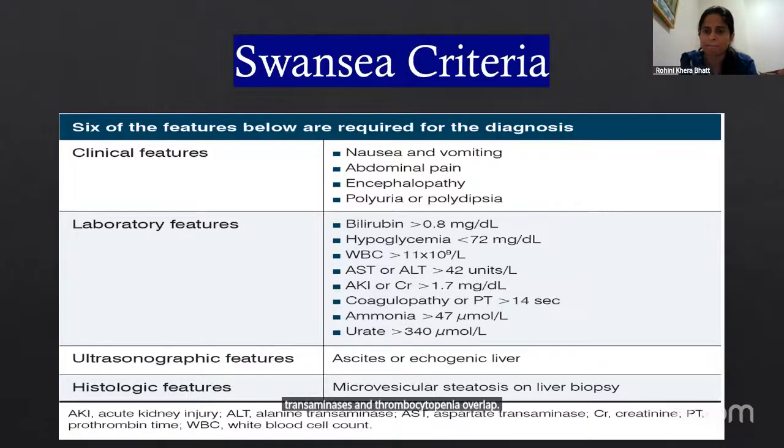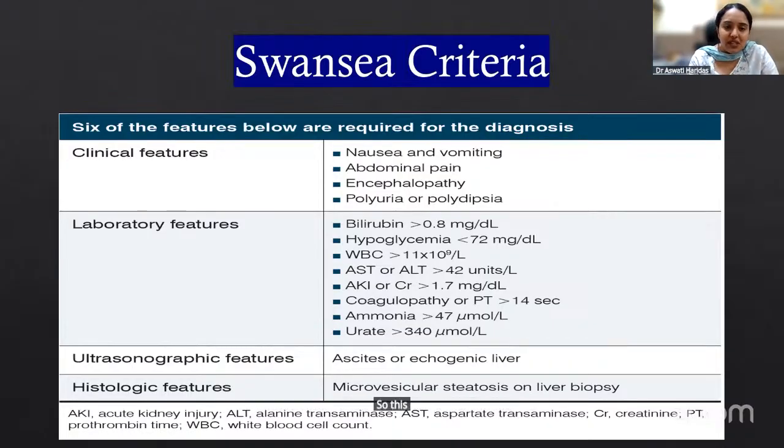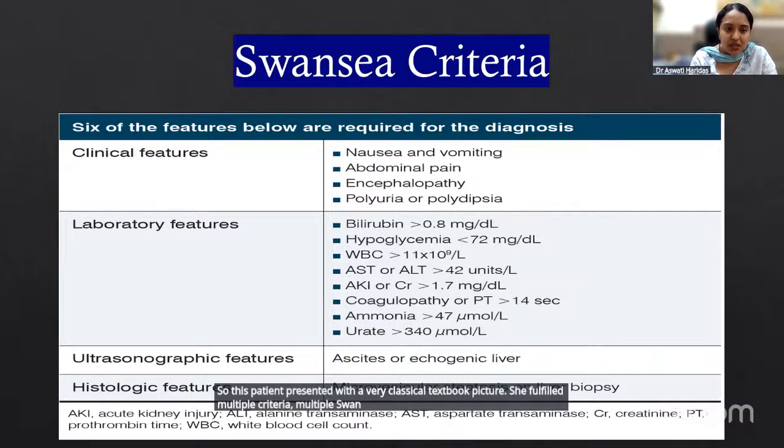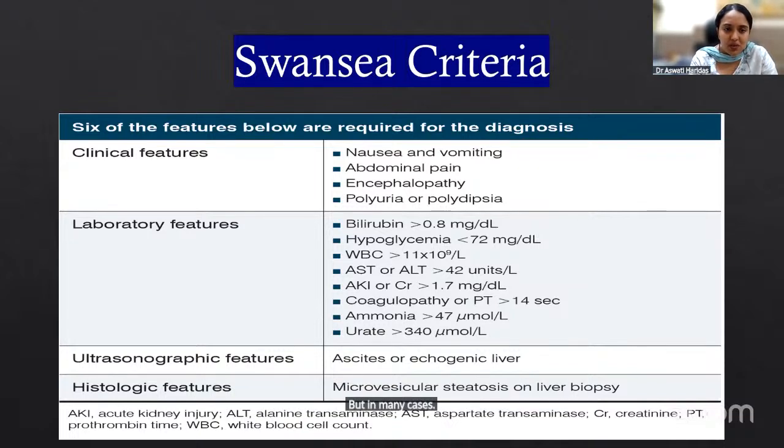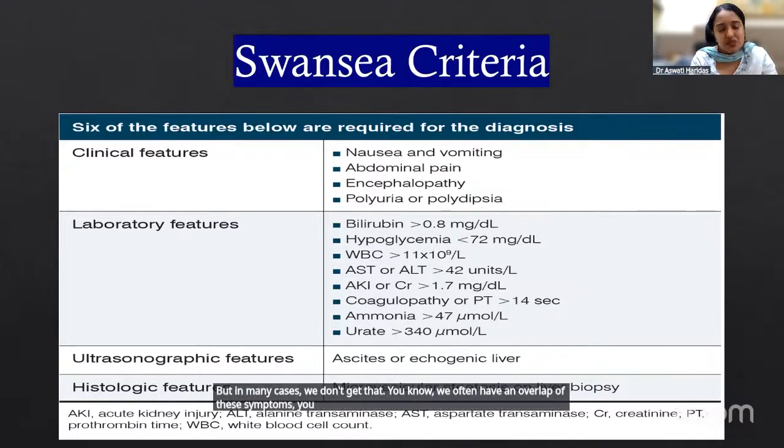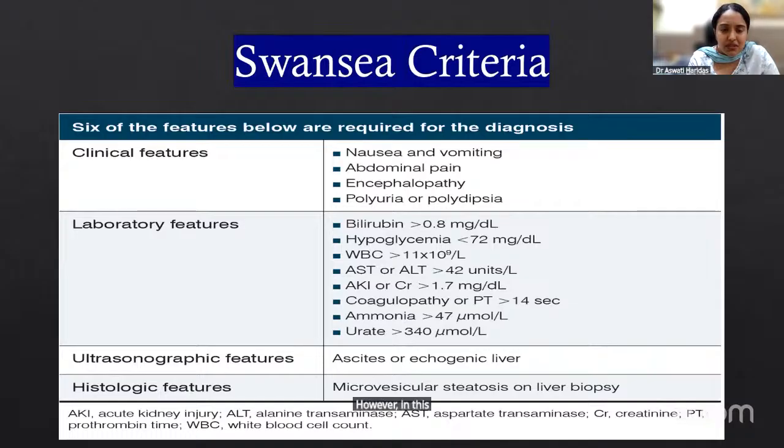Dr. Ashwati: So this patient presented with a very classical textbook picture. She fulfilled multiple Swansea criteria for the diagnosis of AFLP. But in many cases, we don't get that. We often have an overlap of these symptoms. Close mimics of AFLP are severe preeclampsia and the HELLP syndrome. However, in this particular case, she came with a predominance of systemic features.